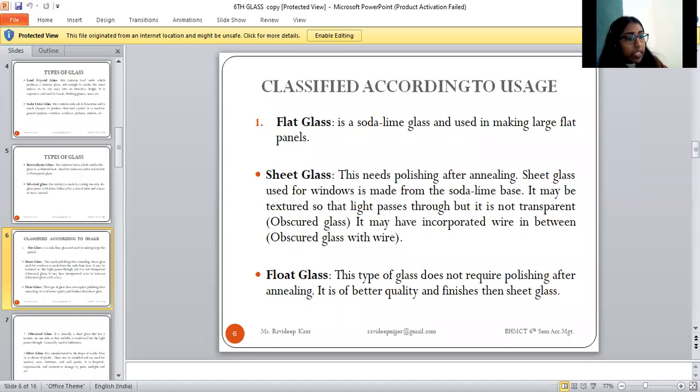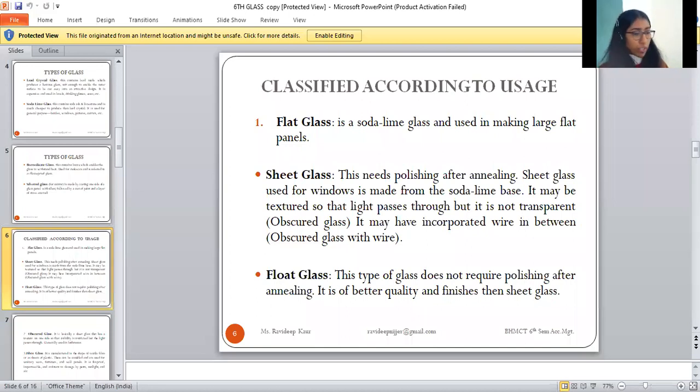So the sheet glass comes from the soda lime glass, and it has a little polishing on it, because it shouldn't be transparent, so that the light could pass through it, which makes it a sheet glass.